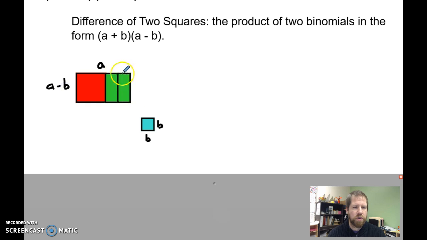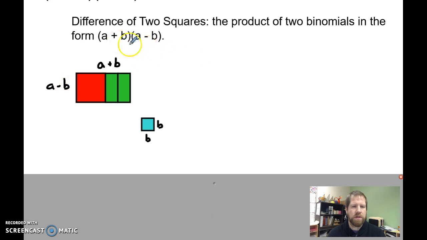Because the short end of my rectangle, where it used to be down here, has length b. So this length is a minus b. This is a plus another b. So this would be my setup for having a minus b and a plus b, and that's how I get my difference of two squares.